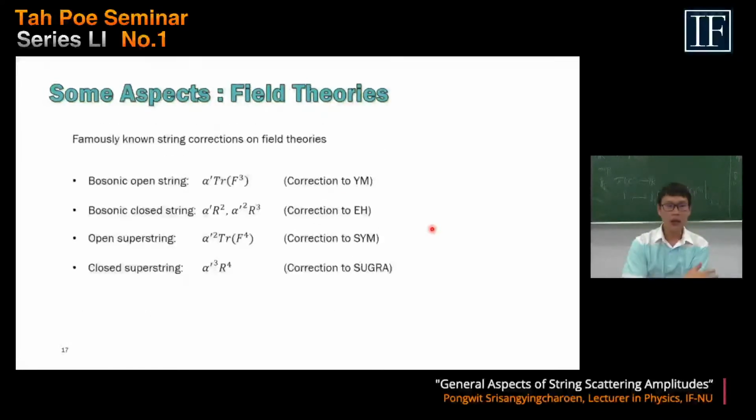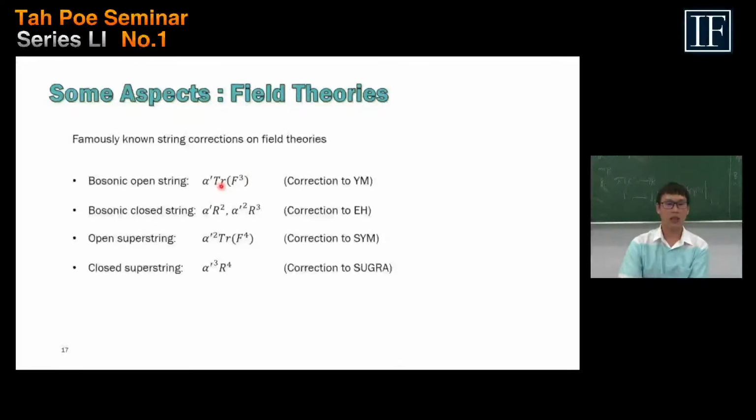Here are some known string corrections to field theories. If you work on the open bosonic string, it provides an alpha prime correction as an F cube theory to the Yang-Mills theory. If you consider the bosonic closed string, it provides alpha prime corrections of R squared and R cube to the Einstein-Hilbert action.